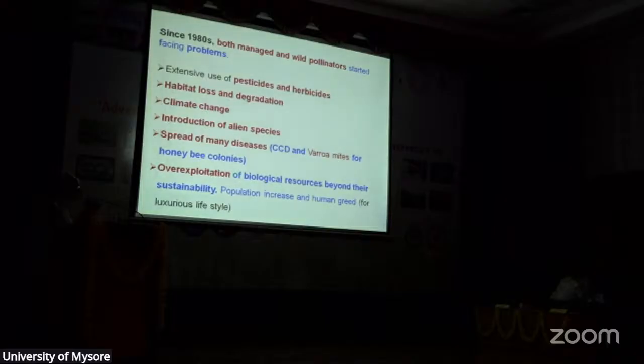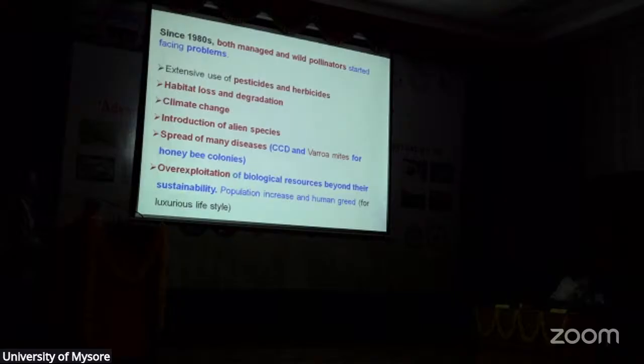Now, earlier, of course, there was no problem of pollination at all. It used to take place effectively under natural conditions. But since the 1980s, both managed pollinators, meaning honeybees, which are maintained and domesticated, and wild pollinators started facing problems. Their density and diversity has started going down. Now, what are the reasons for this?